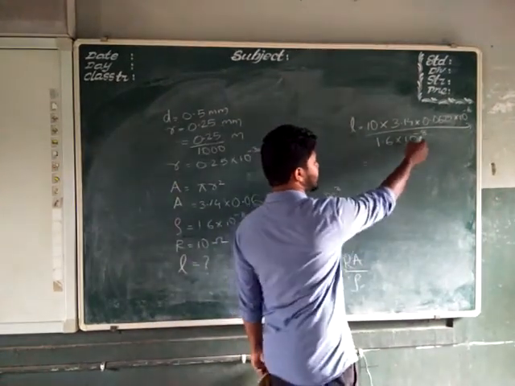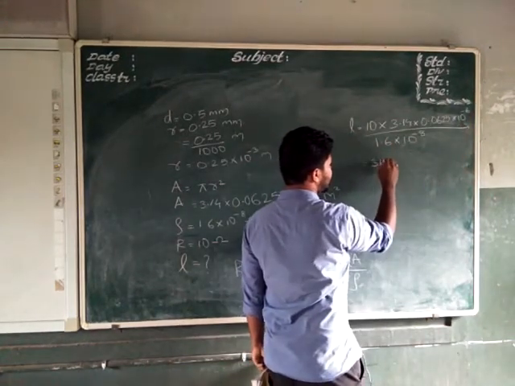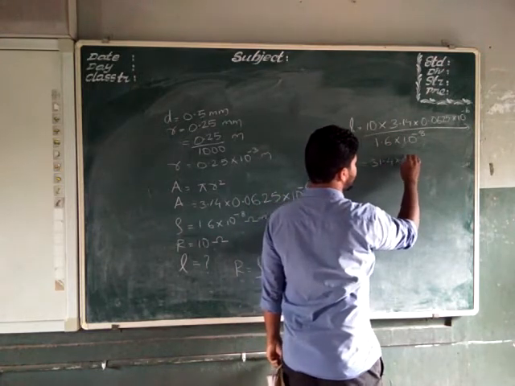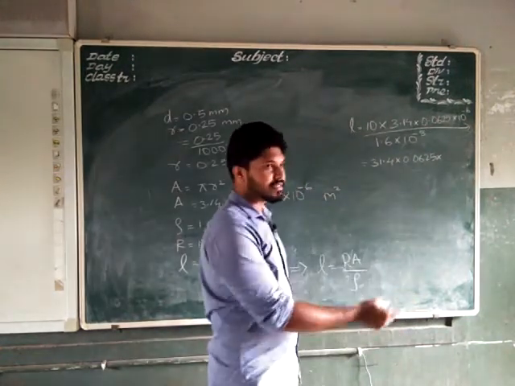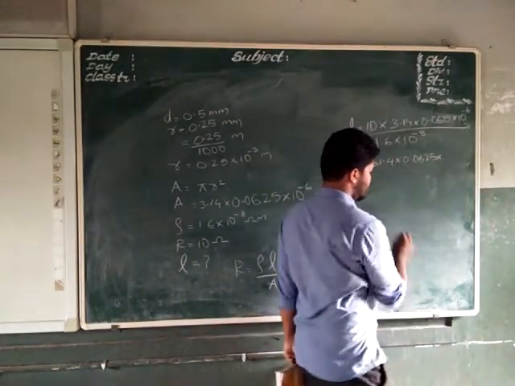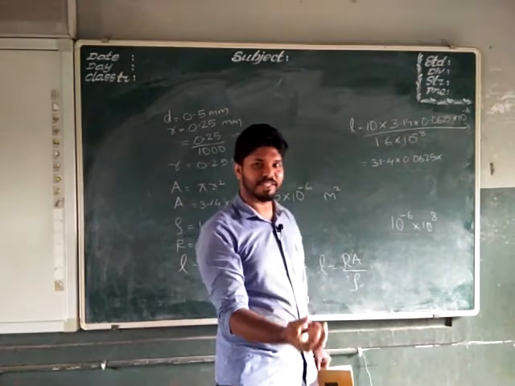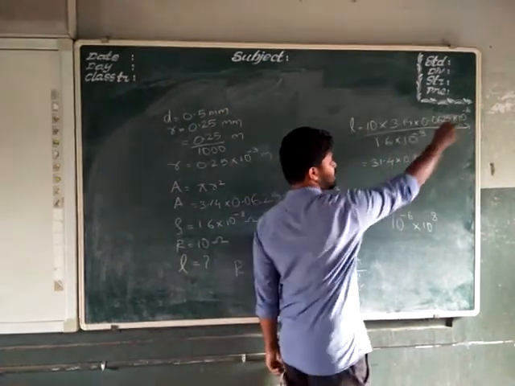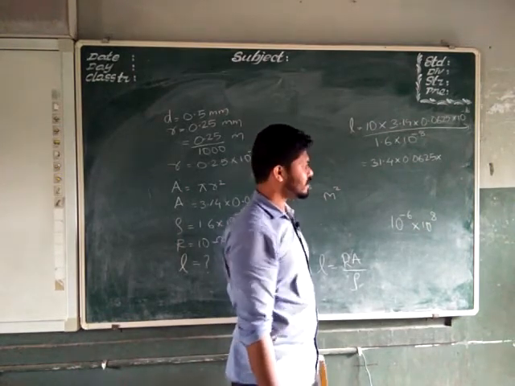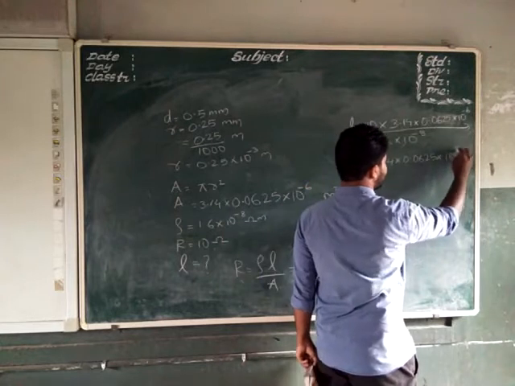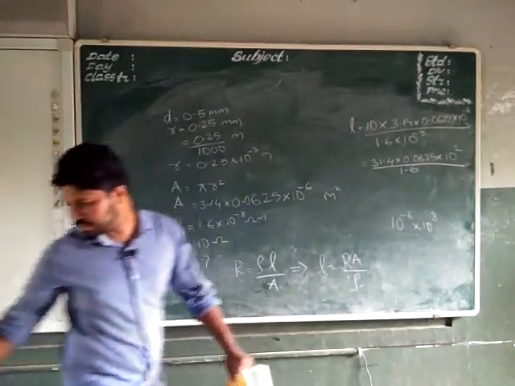Now let me take this 10 raised to minus 8 to here. 10 into 3.14 gives 31.4 into 0.0625 into, if I take this 10 raised to minus 8 to the numerator, it will be like this: 10 raised to minus 6 into 10 raised to plus 8. From the denominator I am taking it to the numerator, so it becomes plus 8 here. What is 10 raised to minus 6 into 10 raised to 8? It is 10 square, 10 raised to 2. So here it's 10 square divided by, the remaining term is 1.6 only, right?